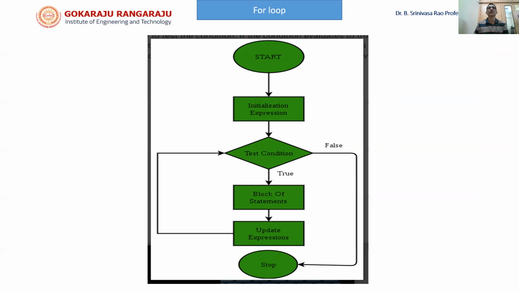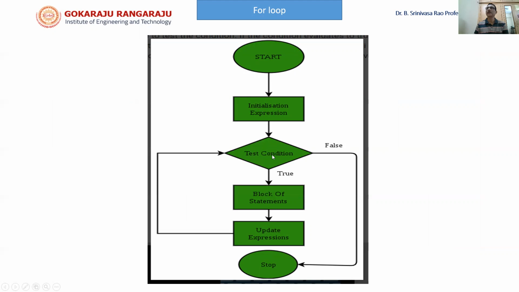Now here, if you observe, we start with initialization and a test condition. If the condition is true, a block of statements is executed, and some updated values are taken for the expression. Again with those updated values, we come back to the test condition.